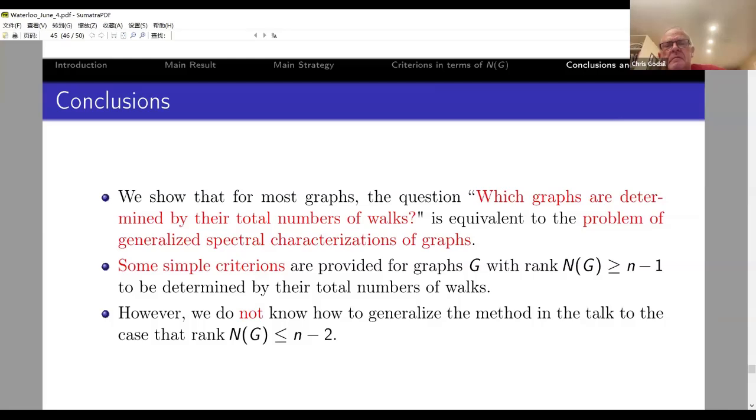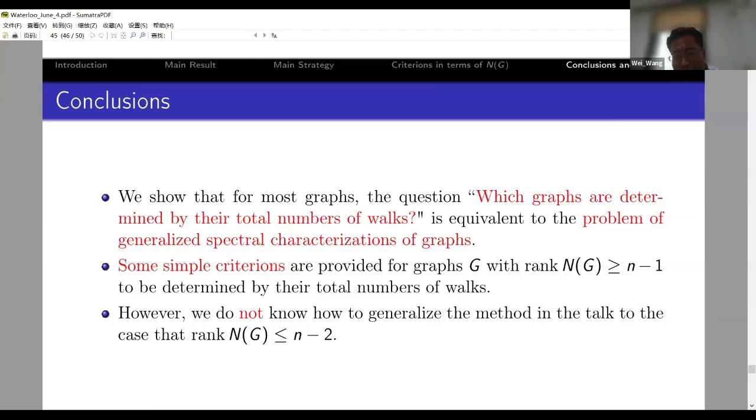Actually, in this talk, the sequence of closed walk numbers is equivalent to the spectral information, the spectral characterizations of graphs. But for our question, which graphs are determined by their walk numbers, I think it's something different. In most cases, it's equivalent to the question of generalized spectral characterizations of graphs.